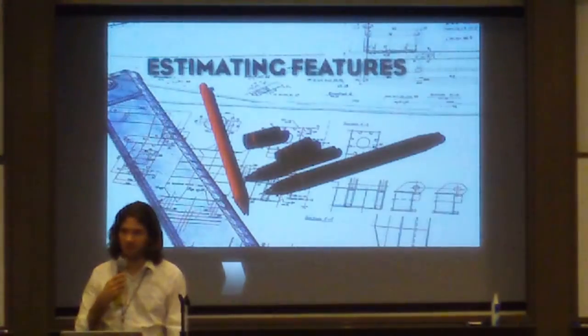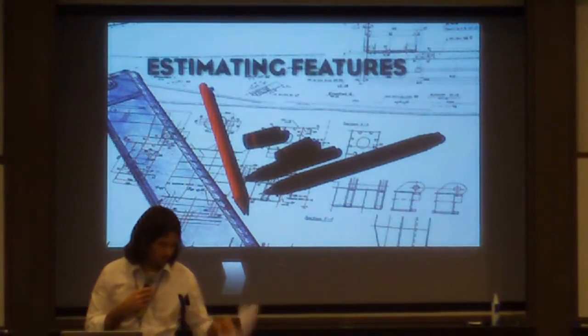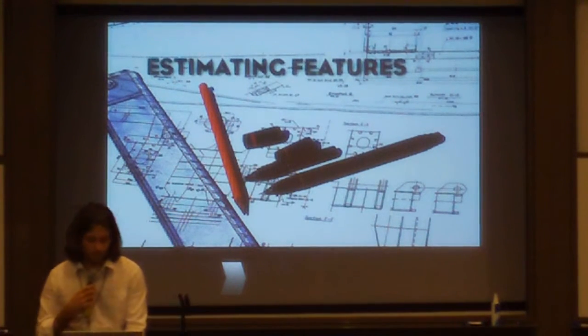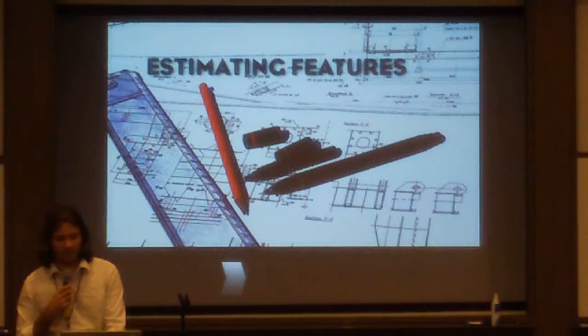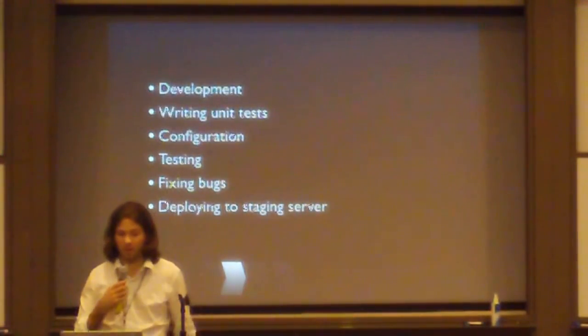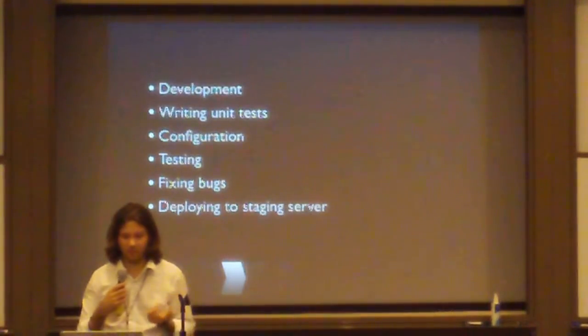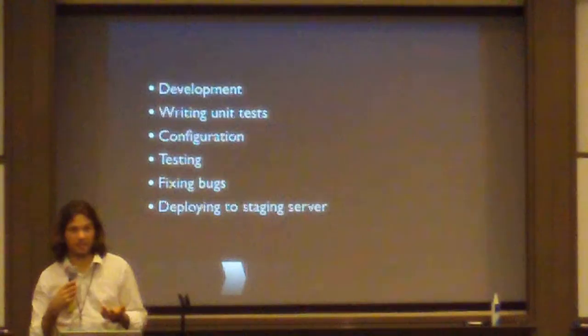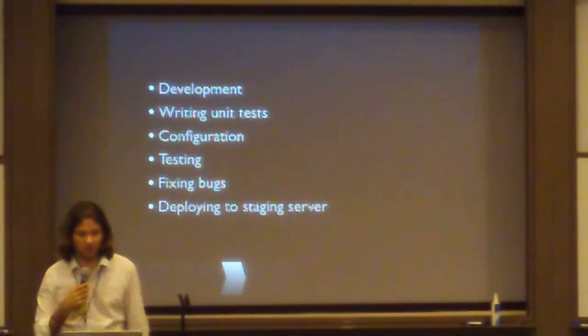All right, so next step is actually to estimate the features. An estimate should include all activities. And activities which you usually carry out when you implement a feature are development, you actually build the feature. Then you write unit tests for automated testing like SimpleTest and Selenium, for example.